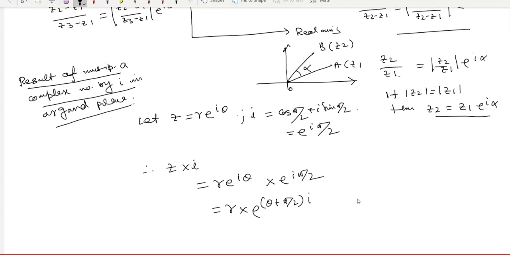See the significance here. It was Z equal to R e to the power I theta. Once I multiplied by I, another angle pi by 2 was added over there. So write your conclusion here.